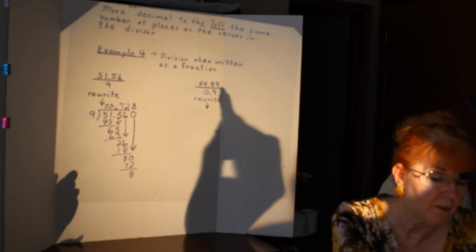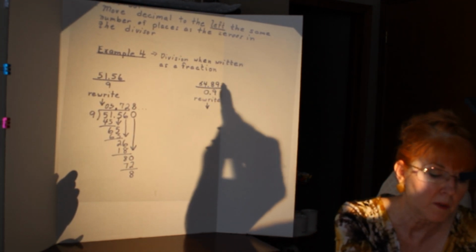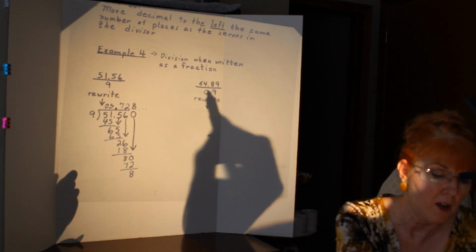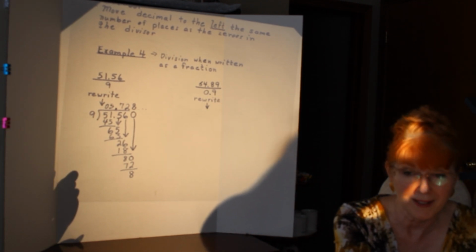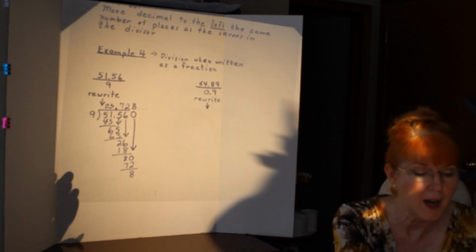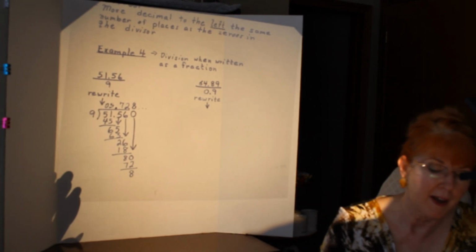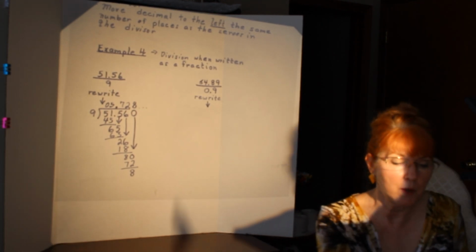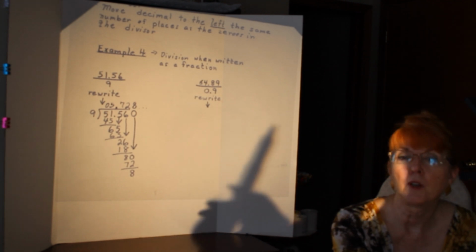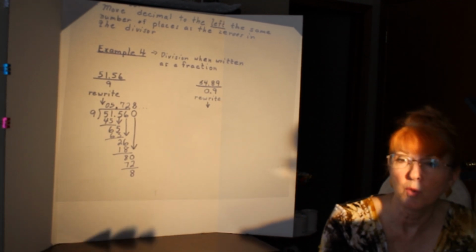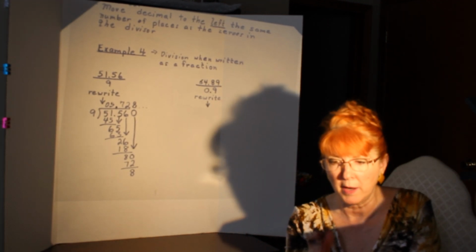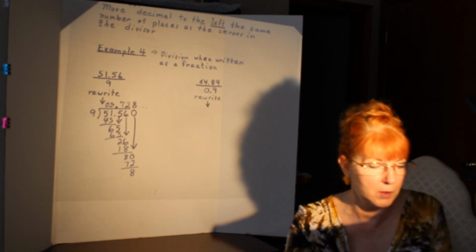Now, if we have 64.89 as your dividend and your divisor is 0.9, again, I'd rewrite it. Now, I wouldn't rewrite it looking like that. I'd convert it all in one, but you do what works for you. If you need to write it the old way and then convert it, do that.